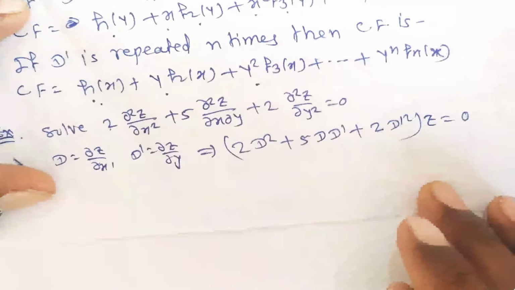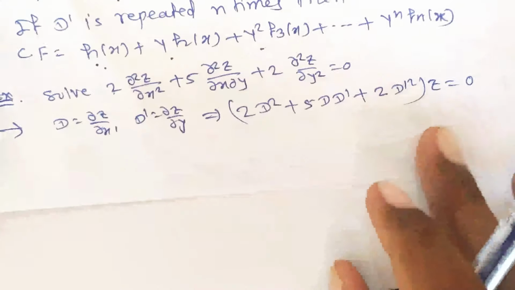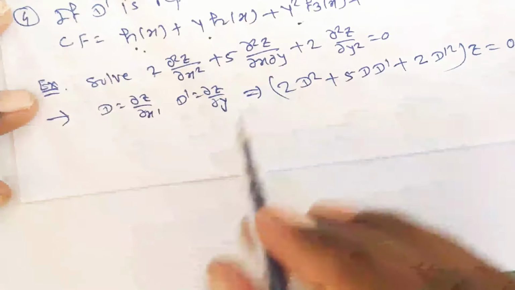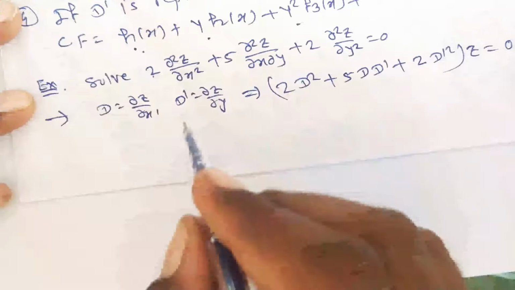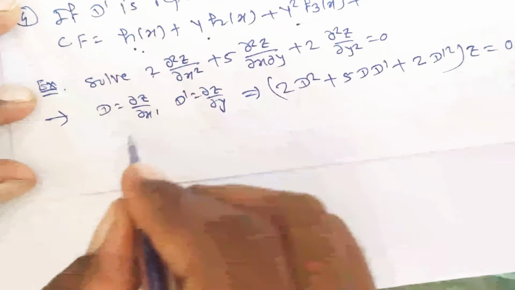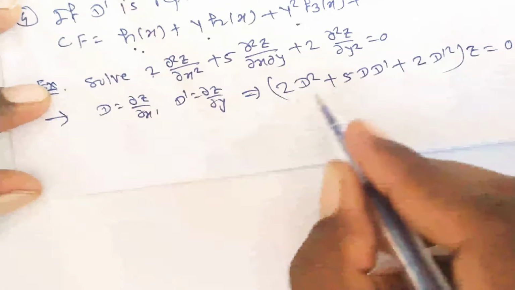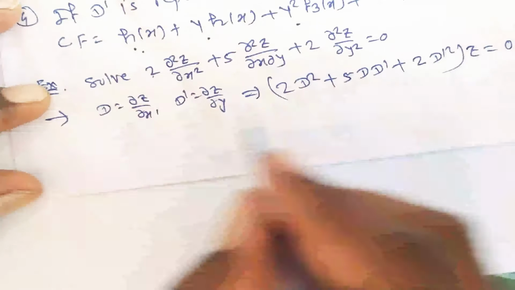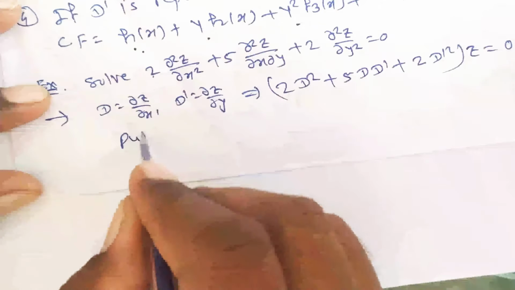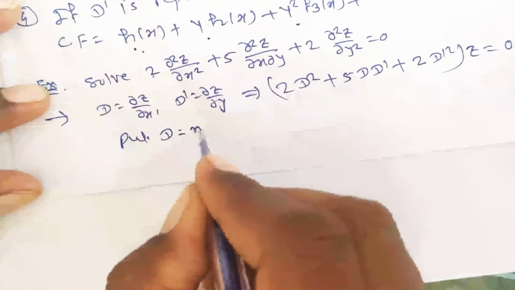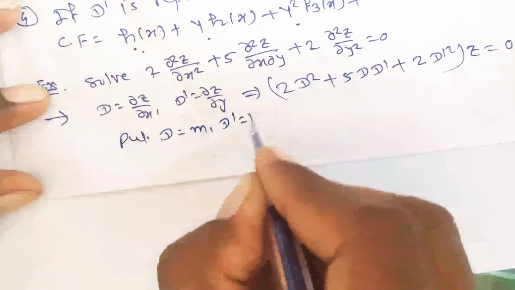Now we have to write the auxiliary equation. No common factor comes from here; D is not common and D dash is not common. So we can put here D equal to m and D dash equal to 1.